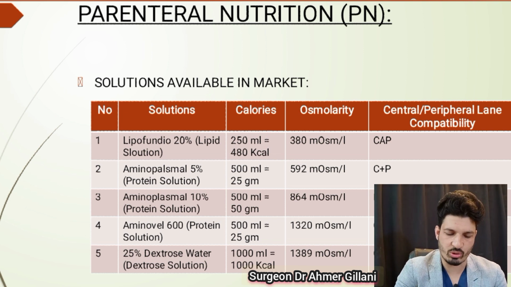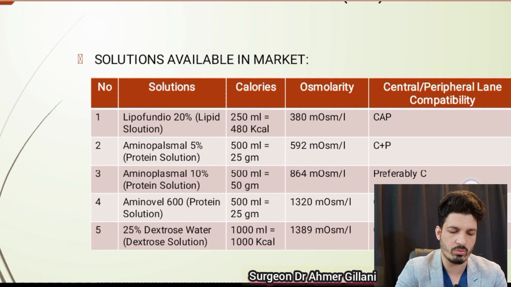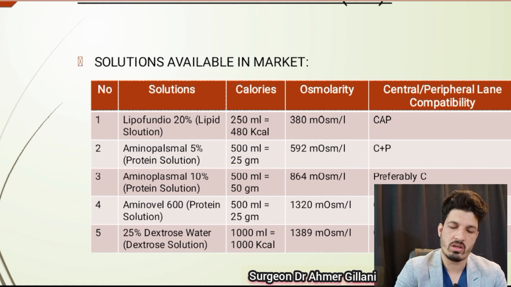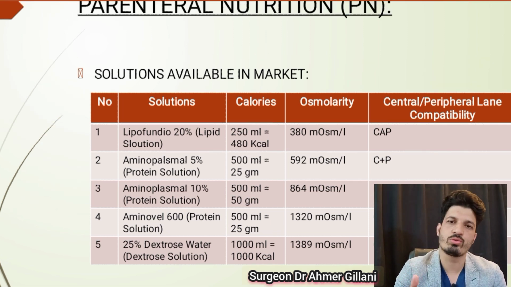So if the osmolarity is almost 592 in case of Aminoplasmal 5%, then you can use central as well as peripheral lines. But if it is 864, you will preferably use the central line. And definitely if the osmolarity is more, you will definitely use the central line. You cannot use the peripheral line; it will result in a lot of complications.